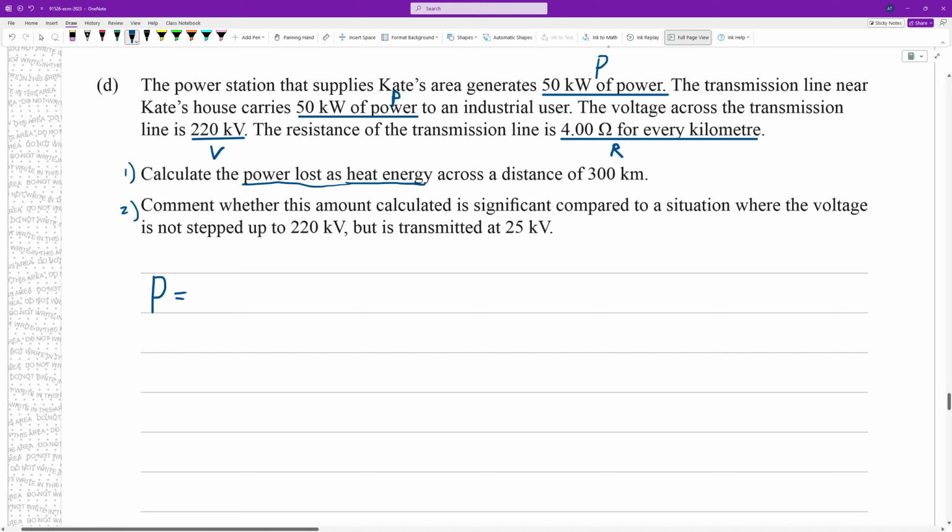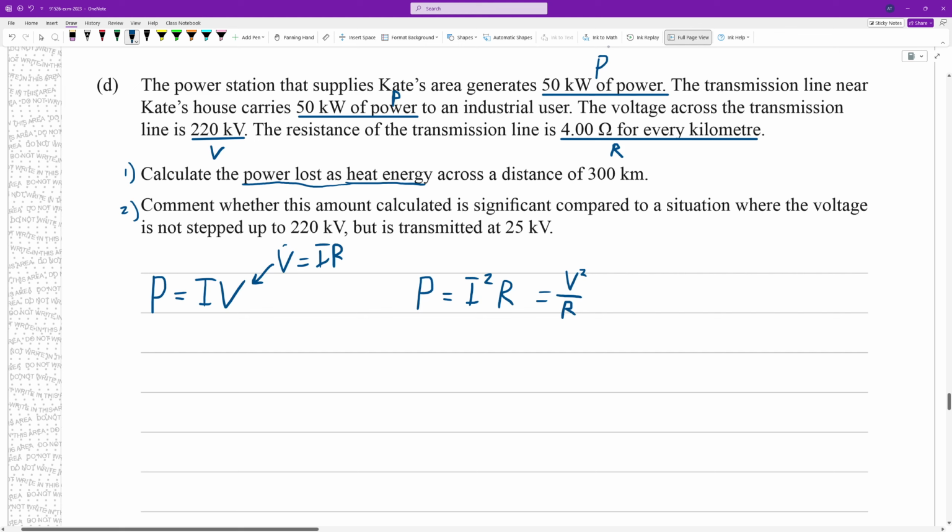We know power as current times voltage. However, you may have also seen power as current squared times resistance, or voltage squared over resistance. That's just putting in Ohm's law.